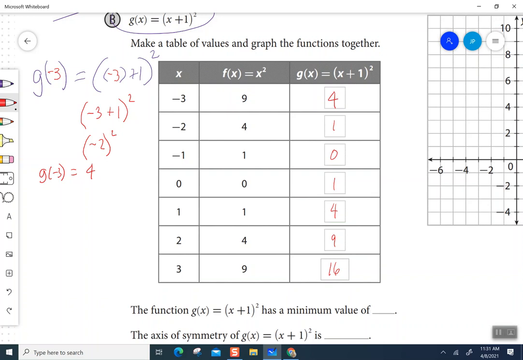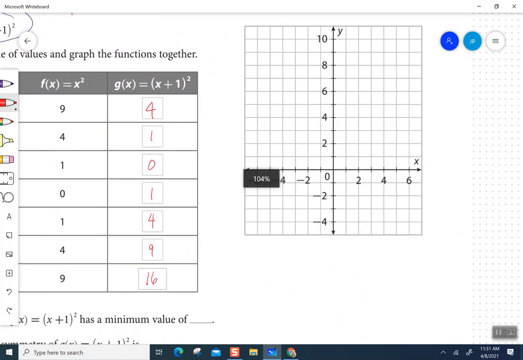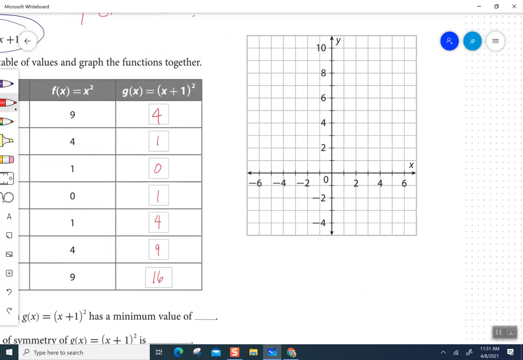Now, again, keep in mind you're going to need to write down the ordered pairs for the regular parent graph. Then you're going to need to write down the ordered pairs for the g of x. Okay, now take a look at the graph. Got to make sure we got our graph settings right. Looks like it's the same one as last time.